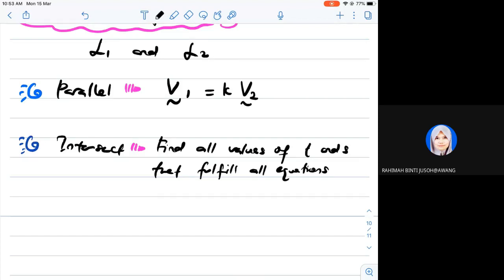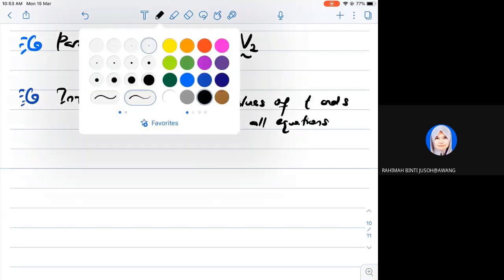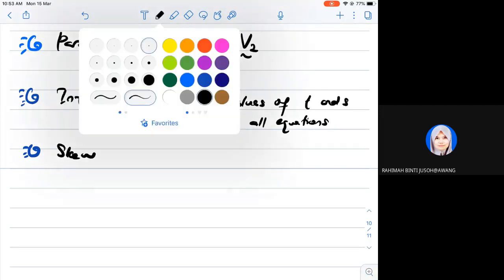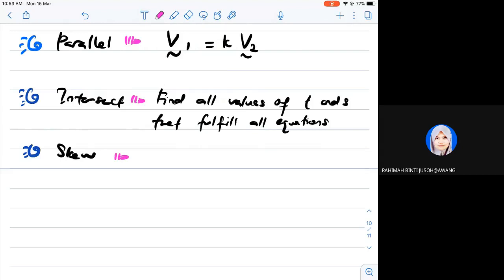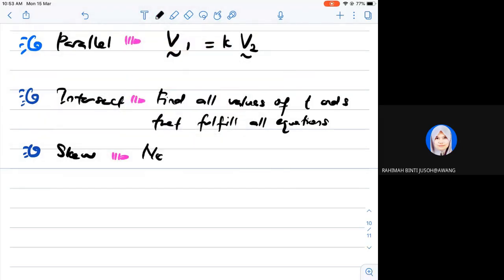Later I will show you through exercise questions where we test intersect. And then number 3, L1 and L2 are skew. Okay, skew. It should be neither parallel nor intersect, none of the above. Neither parallel nor intersect. Both are not.